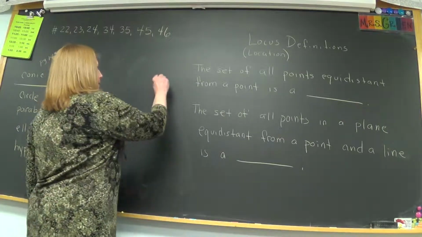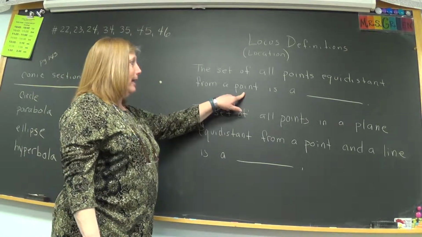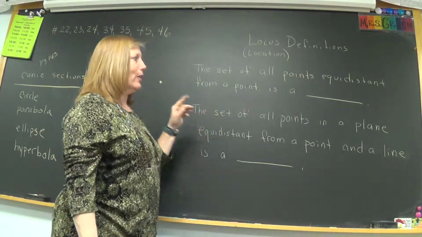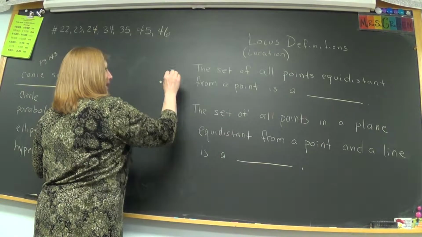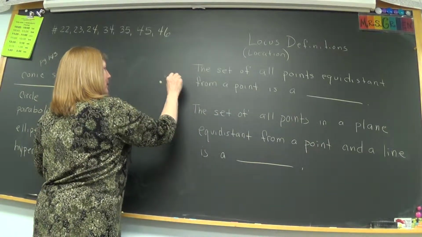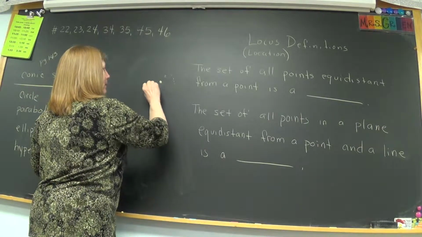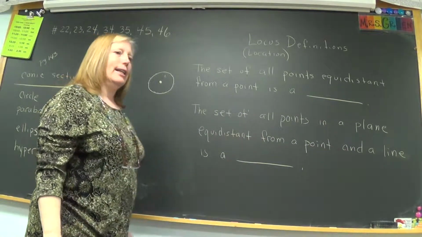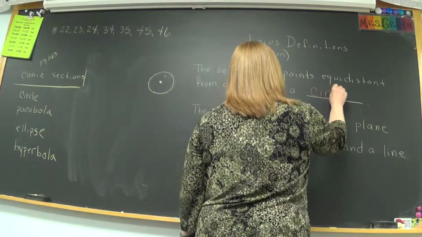We've got one point, and I'm thinking of the set of all points that are the same distance. Circle. Very good. Say my distance was 2. Could you see that all the points that are 2 away from that one form a perfect circle? I hope so. So that is what goes in the blank right here, a circle.